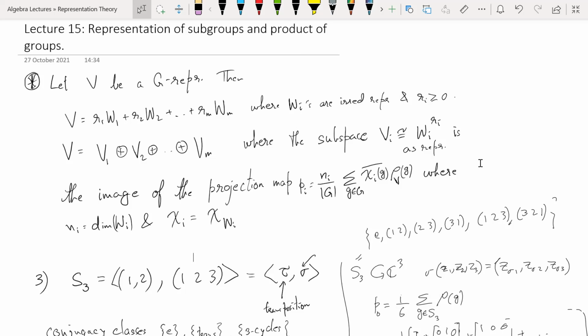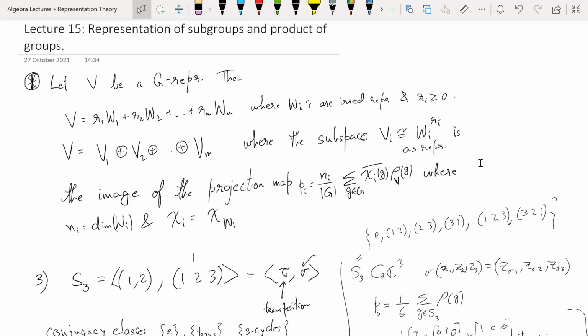The Pi is the projection map, and the image of Pi is Vi. So Vi is basically a unique subspace, so this decomposition is sort of unique.